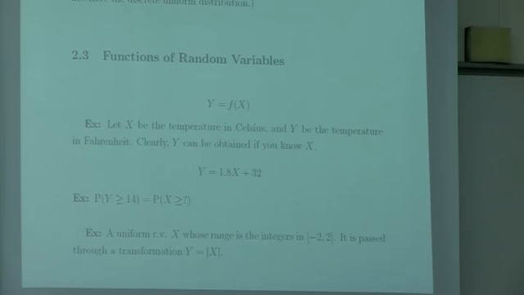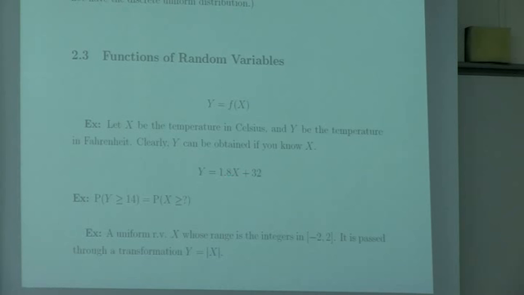Example, let x be the temperature in Celsius. So we have a certain probability distribution for the temperature in Celsius, but we would like it in Fahrenheit. There's a simple linear conversion from x to y. Y is 1.8 times x plus 32.